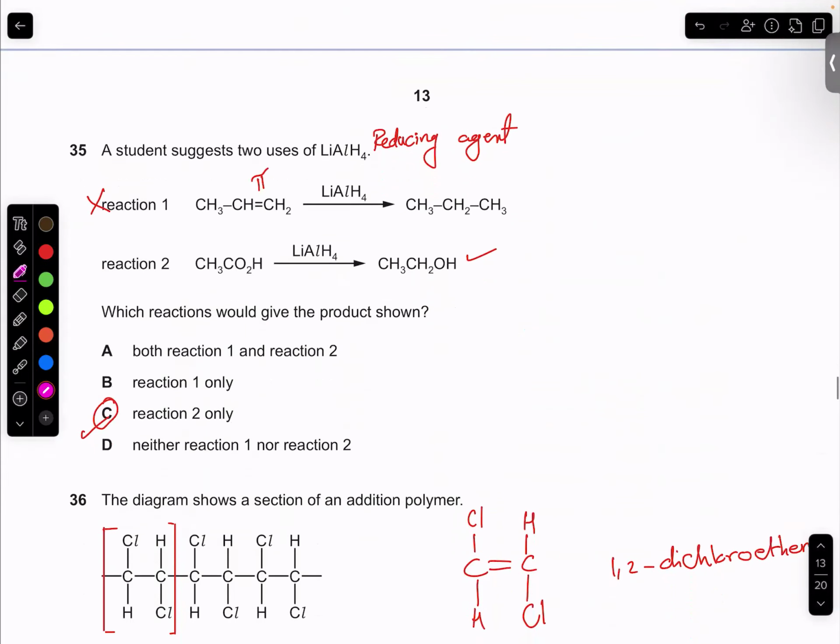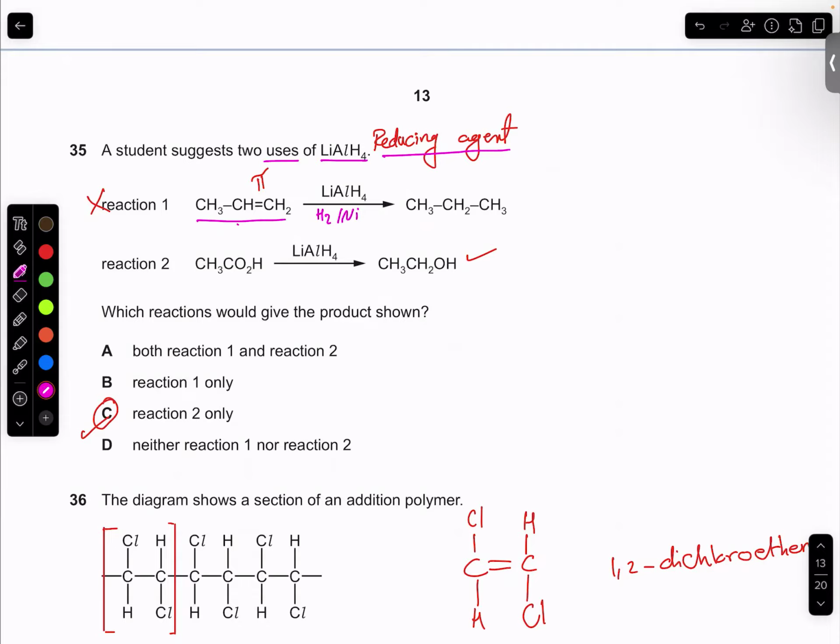Question 35. A student suggests 2 uses of LiAlH4. Of course, you know that LiAlH4 is a strong reducing agent. It can reduce carboxylic acid to alcohol. But we didn't take that it can reduce alkene to alkane, because if you remember, to change alkene to alkane, we just add H2 in the presence of nickel at 150 degrees Celsius.